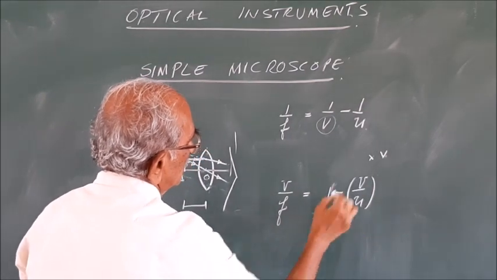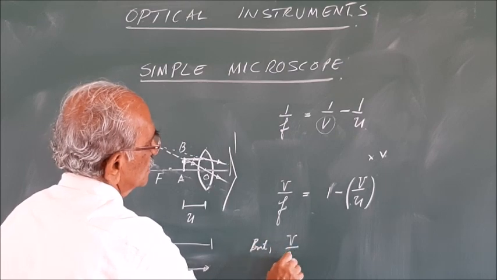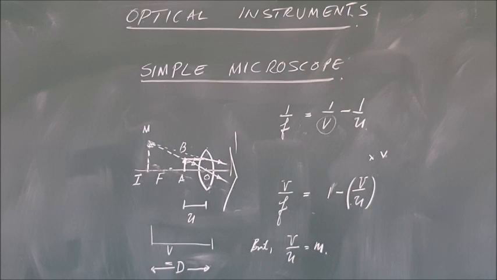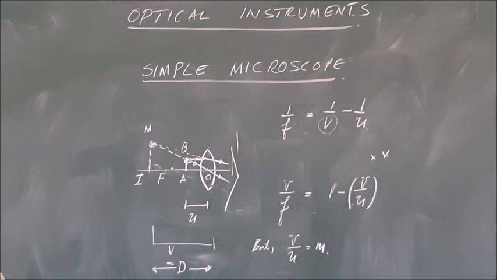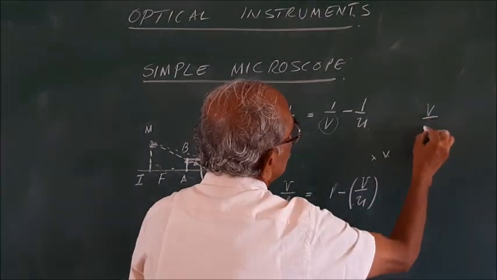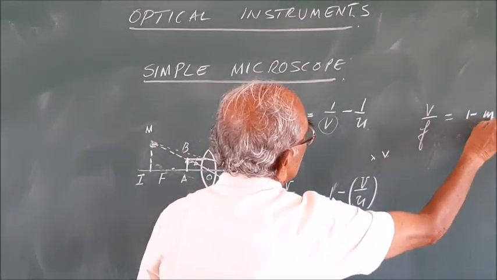Now by definition, v over u is defined as the magnification. Therefore, v over f is 1 minus m.